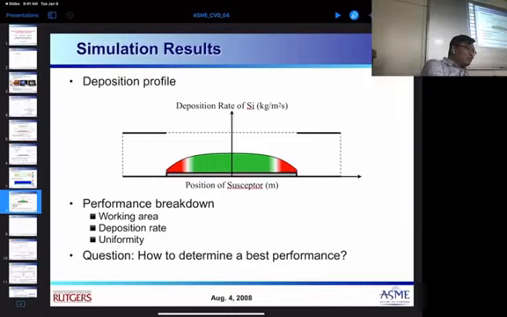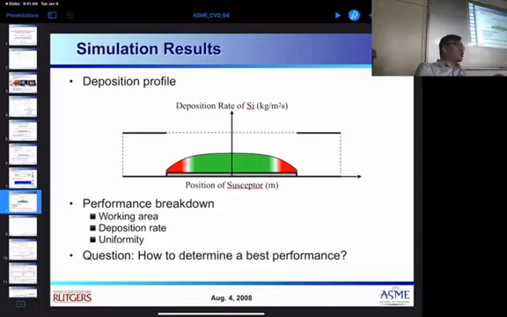It's a very thermal problem, but how can we use optimization here? Basically, we don't know the ideal velocity of silane. We don't know the ideal temperature at the bottom, so that we can have fast production and also uniform production.